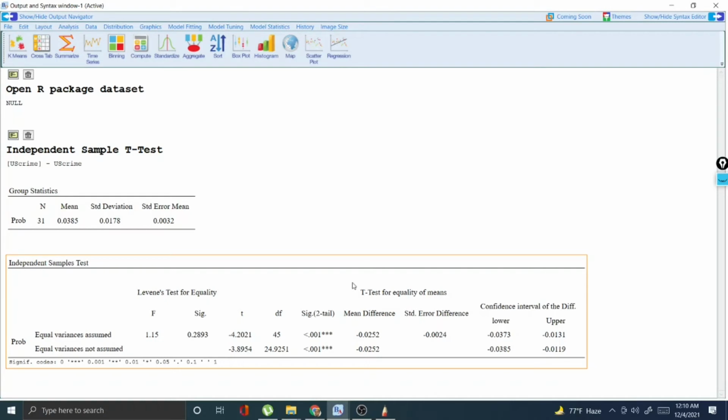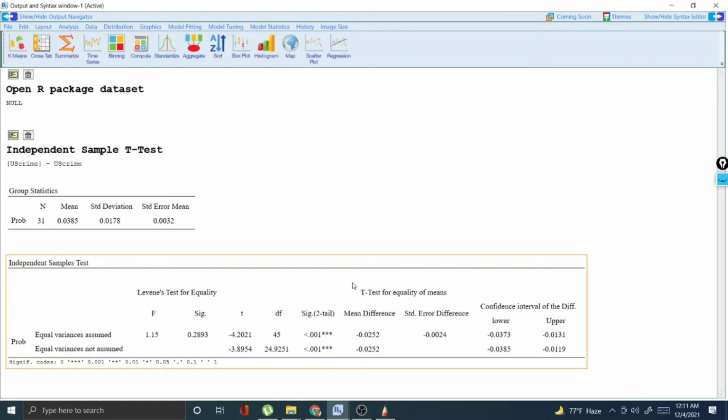Which means that since it is highly significant, we can reject the hypothesis that southern states and non-southern states have equal probabilities of imprisonment. We can reject that hypothesis and accept the alternative hypothesis, meaning that they do not have equal probabilities.